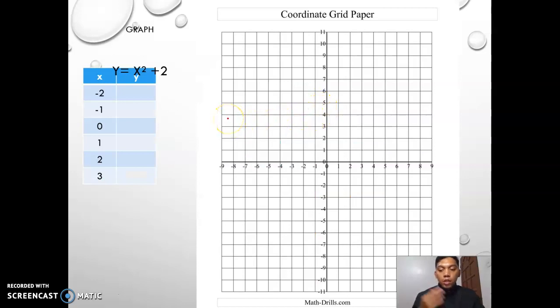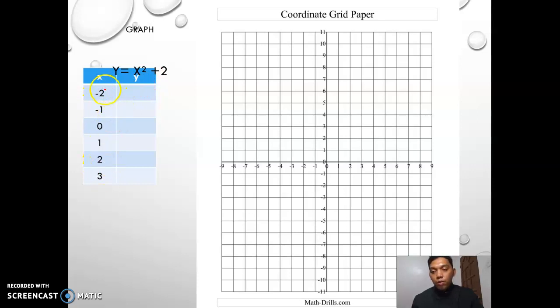Okay, this is the first way on how to graph quadratic functions. The other one maybe we'll have on another video. One way of graphing a quadratic function, the function by the way is y = x squared plus 2, is using a table of ordered pairs.